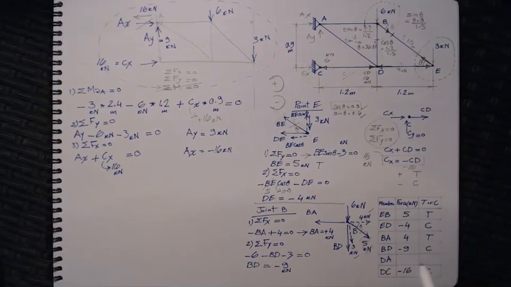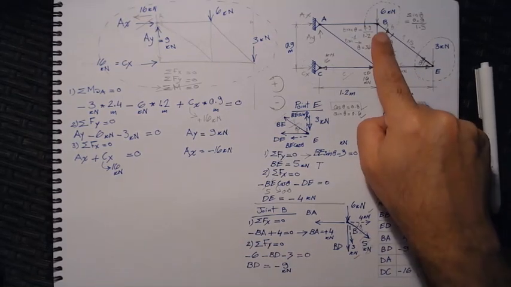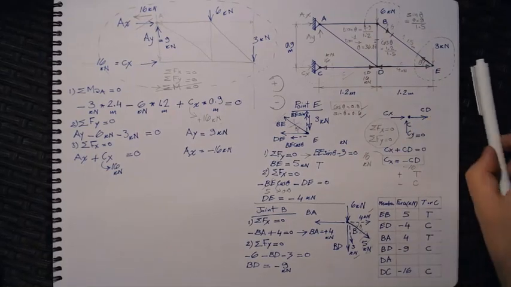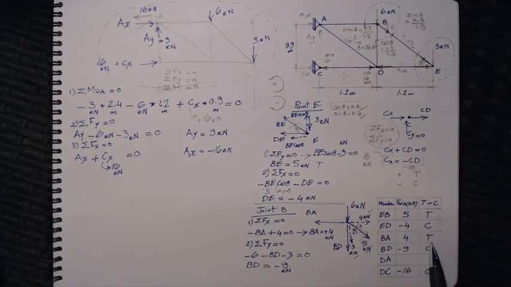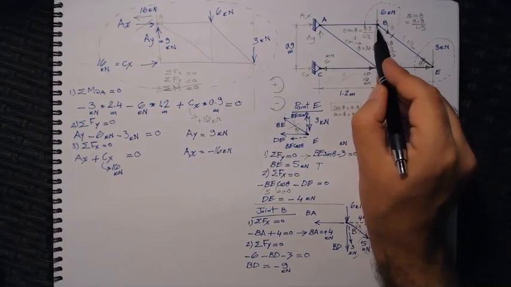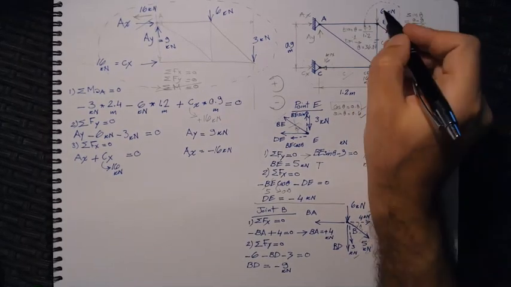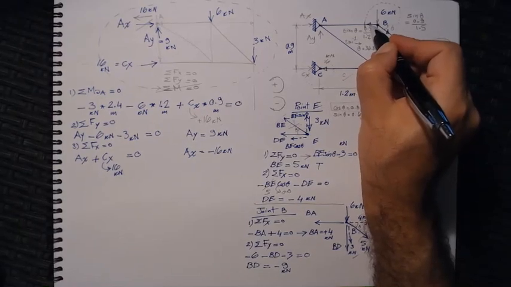All right, so we are getting very close to figuring out all the forces. You can see that we just have one force that is unknown, but I just want to quickly show you what is the correct direction on the truss. So AB or BA happen to be tension, and it's 4. So BA is tension. What is the correct direction of tension on this joint? It's going away from B. This is the correct direction of tension.